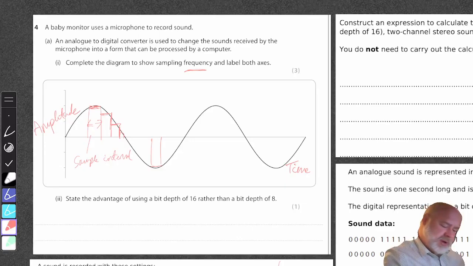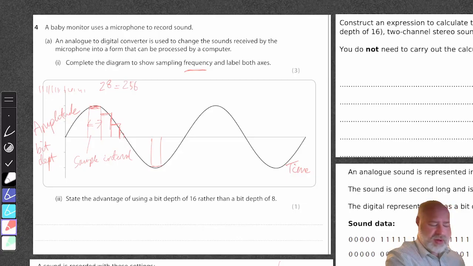Okay, let's look at the second part to this question. State the advantage of using bit depth of 16 rather than a bit depth of 8. Okay, so our amplitude is also dealing with bit depth. And if we've got an 8-bit number, it's obviously a lot smaller than having 16 bits, which we can have a much greater range in there. 2 to the power of 8 is only 256, right?